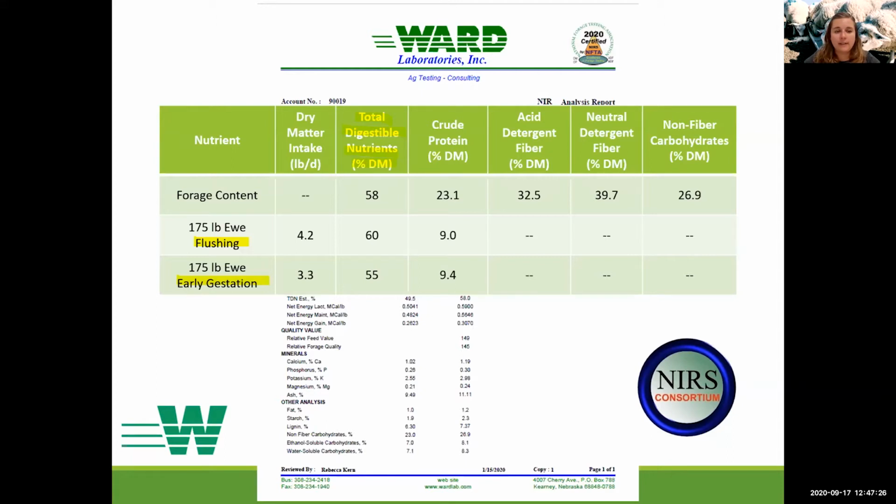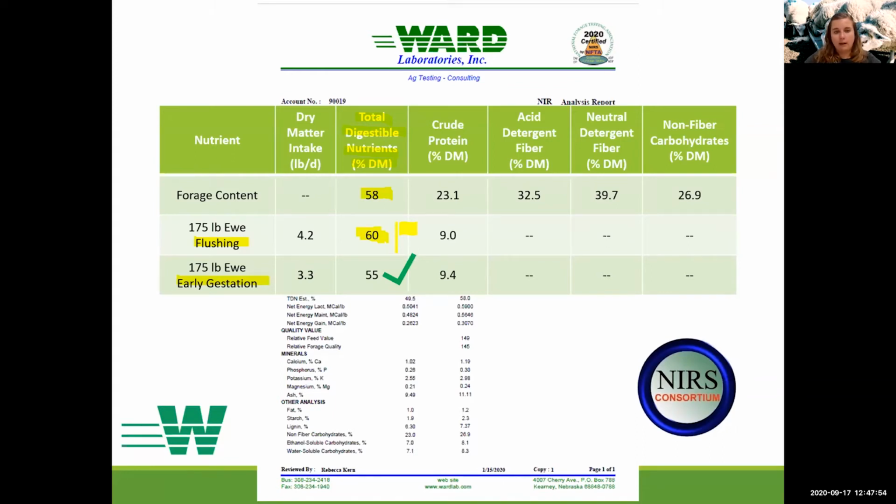So when I'm looking at that flushing ewe, I have a yellow flag come up, because while we are just trying to increase her nutrition so that she can reproduce more efficiently, it's pretty darn close. It's not too far off. Just a tiny little bit of energy supplementation may be required here. But for the early gestation, that meets her requirements.